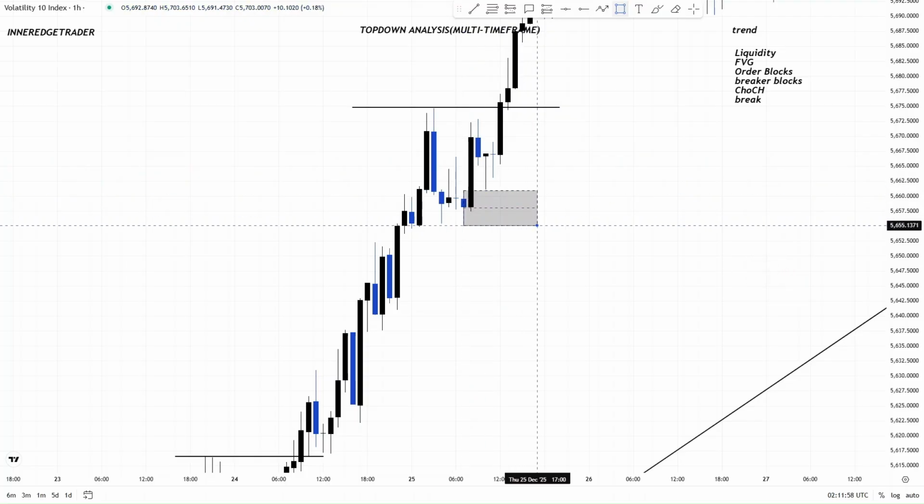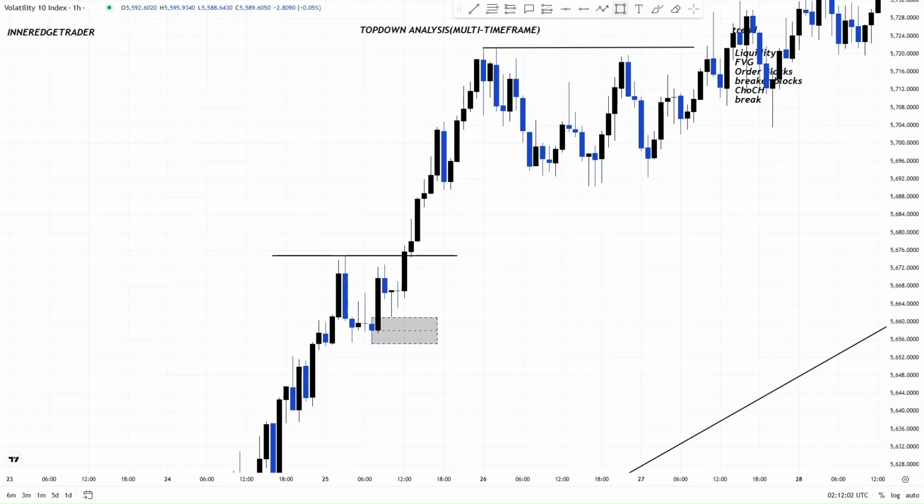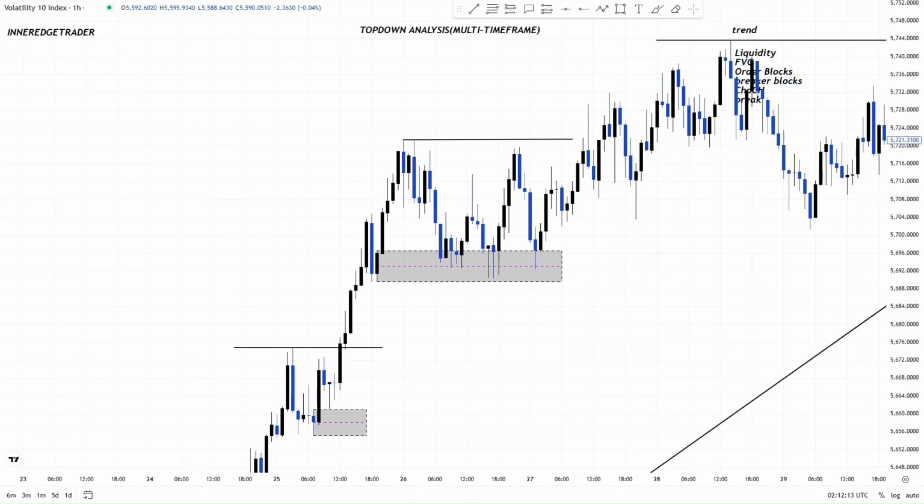You'll have taken this trade, but you'll have missed it. So there's no invalid structure really. This is break of structure too. You take this trade and you'll have gotten a good win to reward ratio.